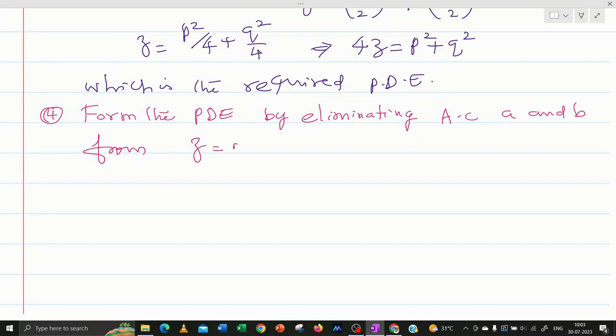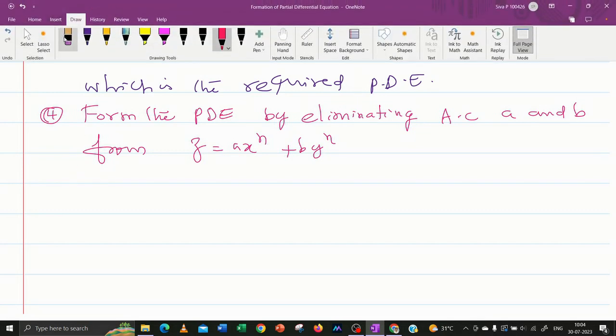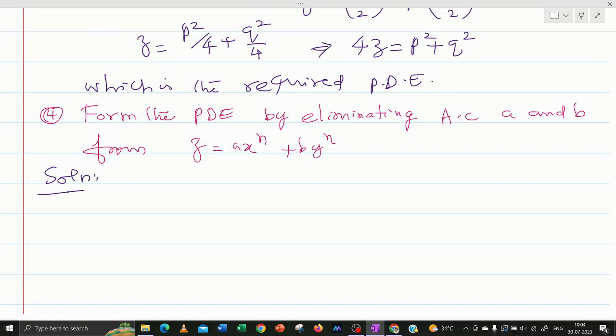z equal to a x power n plus b y power n. We can write the solution for this. Given z equal to a x power n plus b y power n, which is equation number 1.